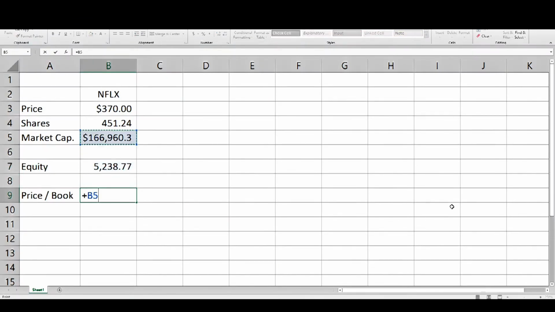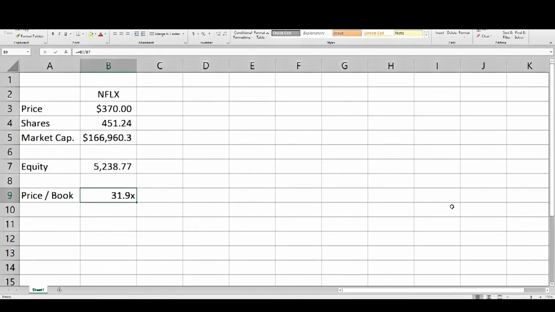So Netflix's price to book ratio is 31.9 times. So 32 times price to book. That is a very large number, but you're looking at one metric alone. It could be the case that Netflix is trading at such a high valuation, 32 times book, because it's such a productive company or asset that it's generating net profits so high relative to the equity value of the business.